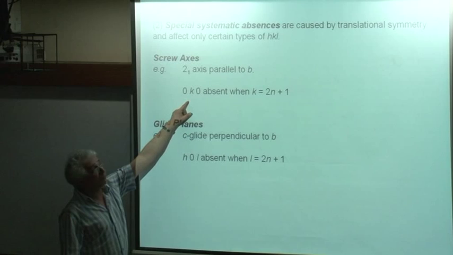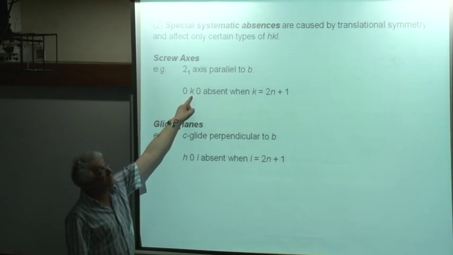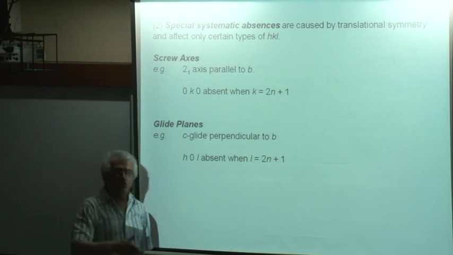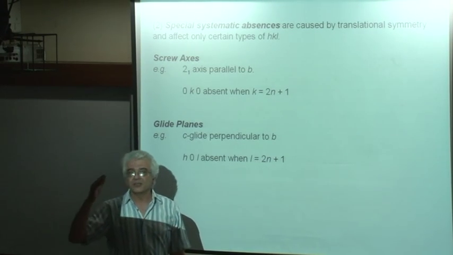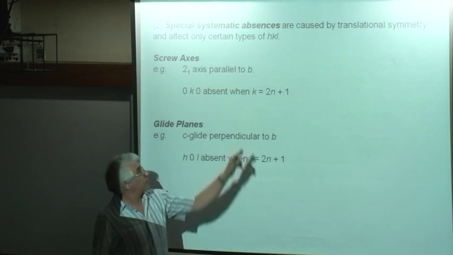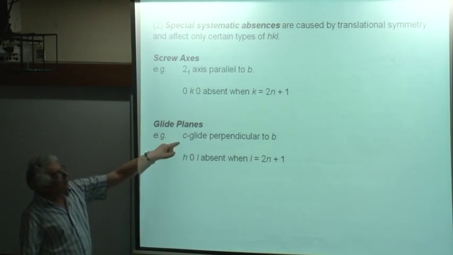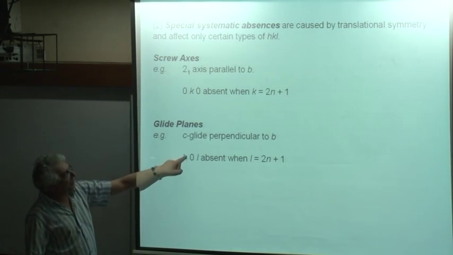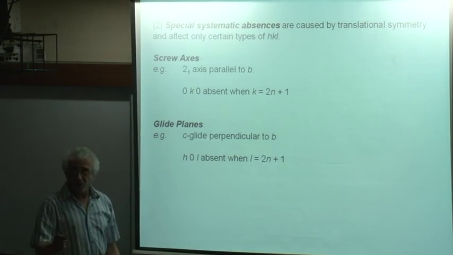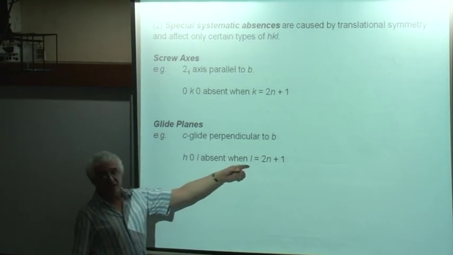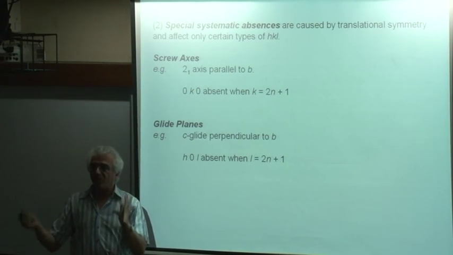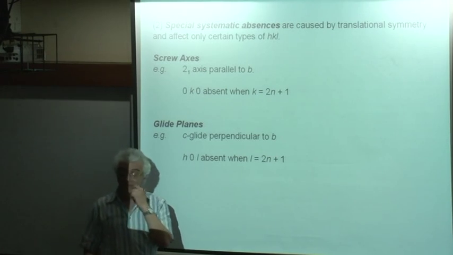A screw axis parallel to B affects the 0, K, 0 reflections. So 0, 1, 0 is absent, 0, 2, 0 is present, for example. For glide planes, if this is perpendicular to B, it's a C glide, so H0L will be absent when L is odd. So you can have 1, 0, 2, but you can't have 1, 0, 1. That will be absent.